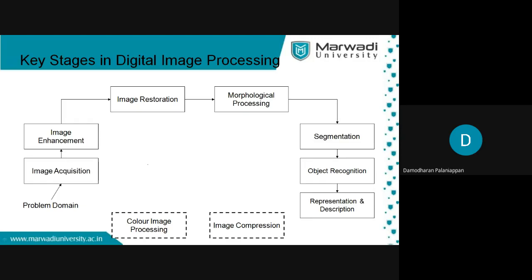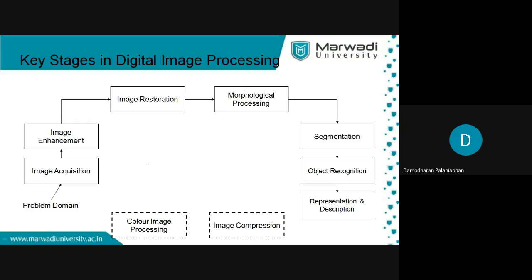Here we are going to see only an elaboration. In subsequent modules, we will study each model separately, like image enhancement, image restoration, morphological processing, segmentation, recognition, and representation. We are not studying image compression here, but we will study color image processing.